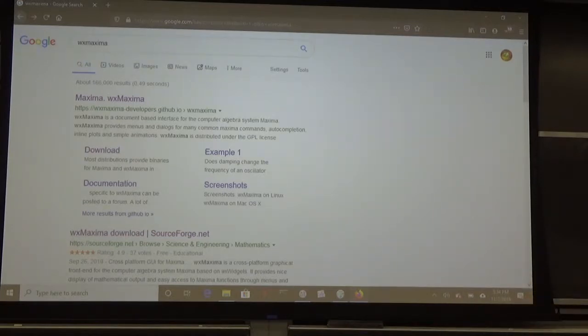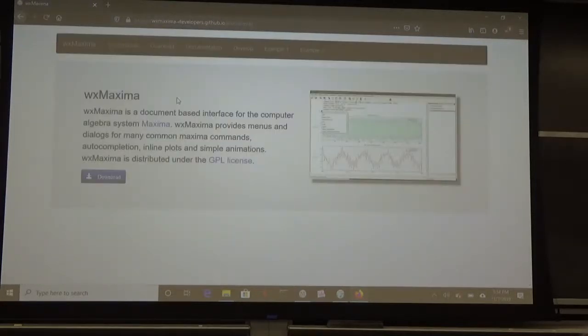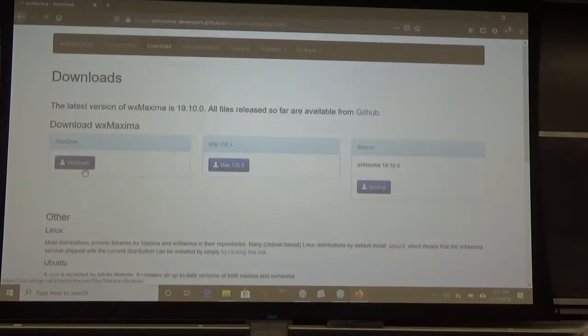Okay, so yeah, Maxima is a free computer algebra program. You can find it if you just search for WX Maxima. The first link there will bring you to the website if it loads. Then you just go to download for Windows or Mac.